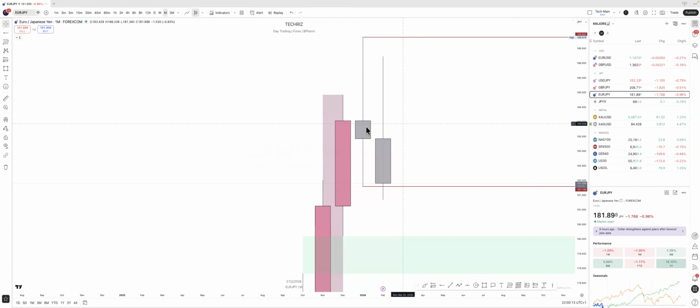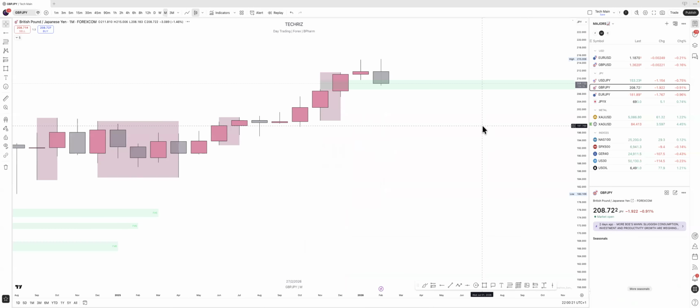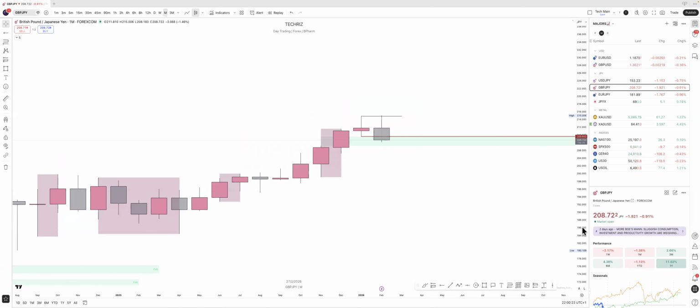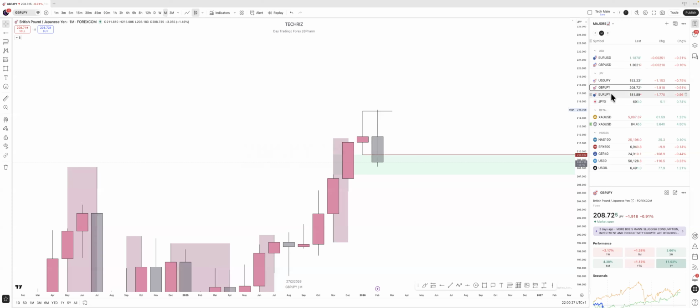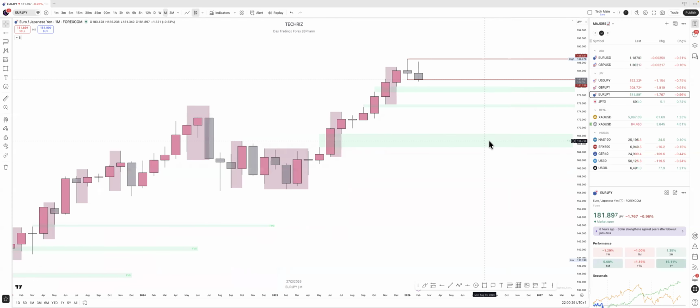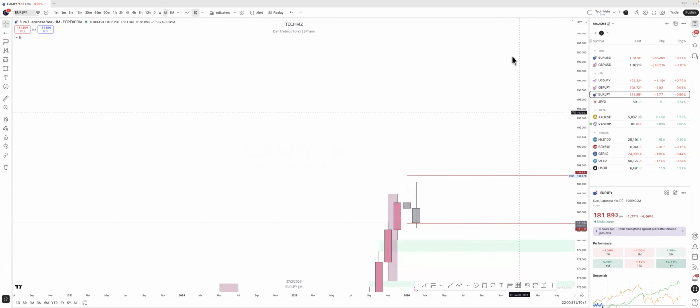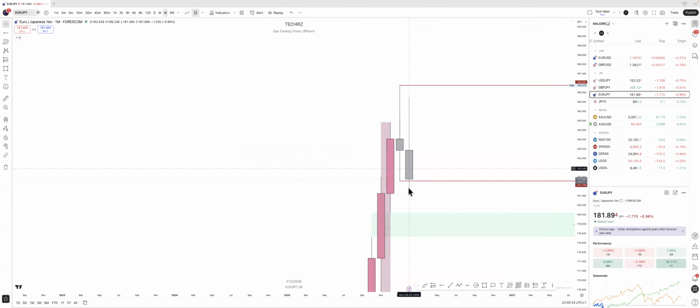Now you can see because this one is bearish, price chased the low first, and then they went for the high. Because JPY is bullish, the candle was bullish, price chased towards the high first before it came to take the low, right? So Euro JPY price took out the low first.